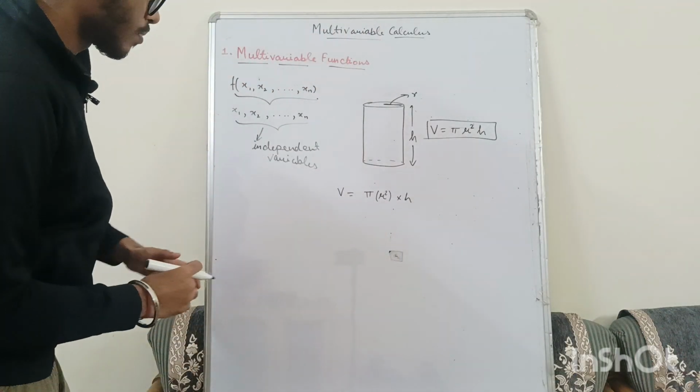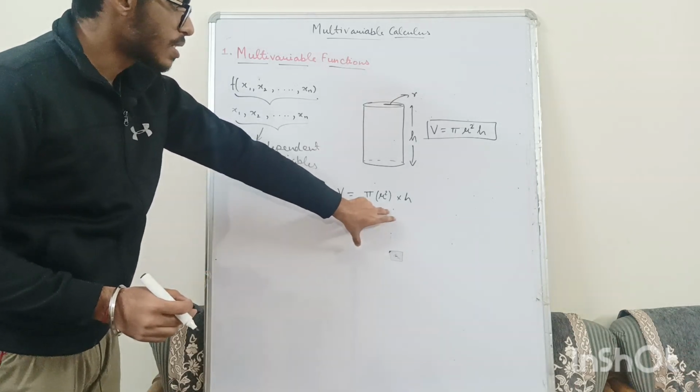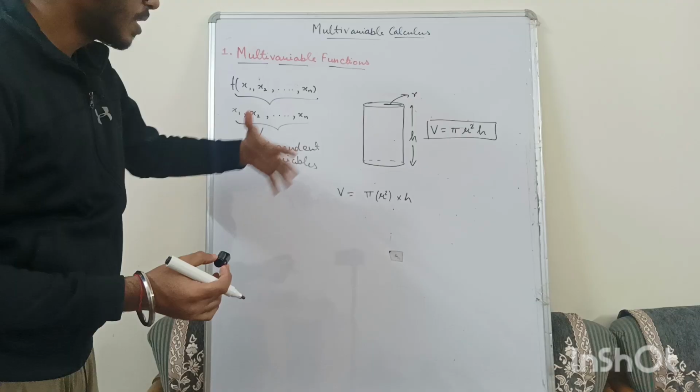Now if I change the radius, I get different bases, right, keeping the height constant.